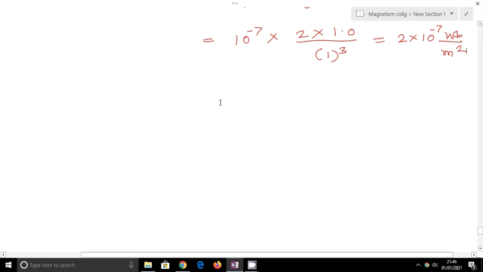Now, for the second magnet, point P is at the equator, correct?